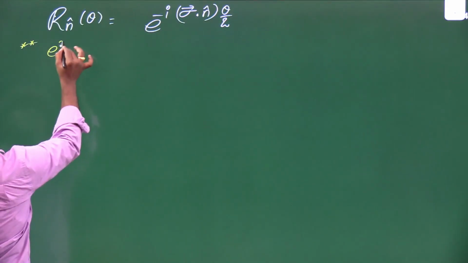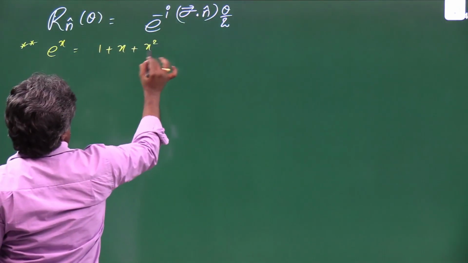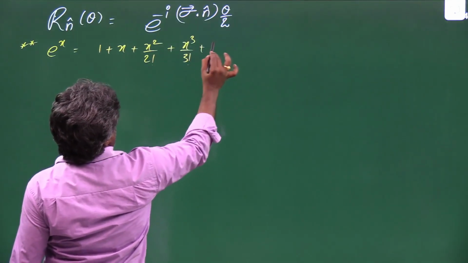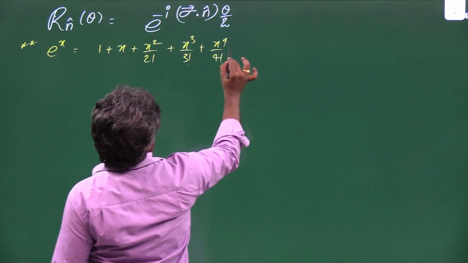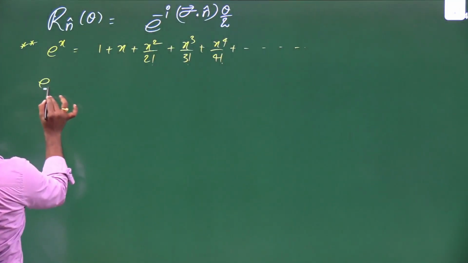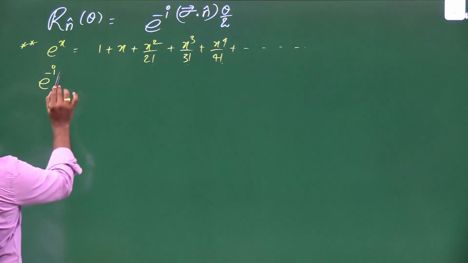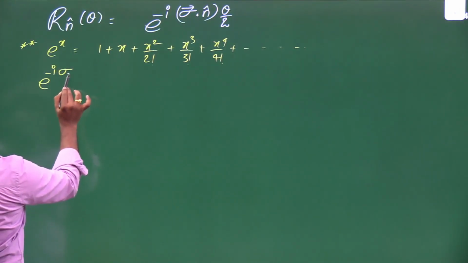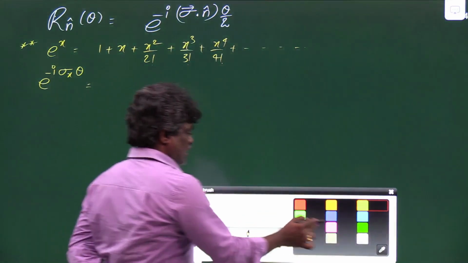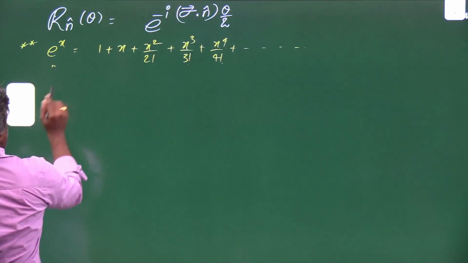Actually e raised to x expansion, please tell me, 1 plus x plus x square by 2 factorial and so on, right. Now I am taking e raised to minus iota sigma x theta, okay, or otherwise plus also you can take, no problem.